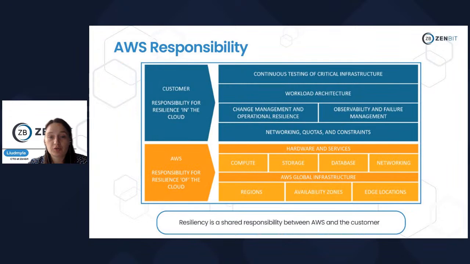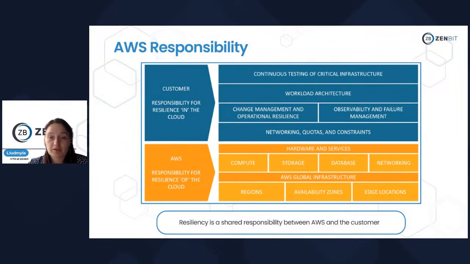Here I want to show you a little bit about the responsibility difference. It's very easy to find this image or something similar on the internet, because it actually shows what falls to the customer, to you, and what falls to AWS.